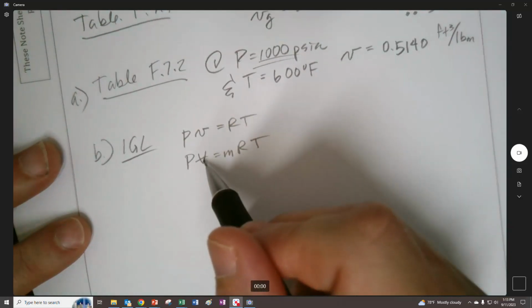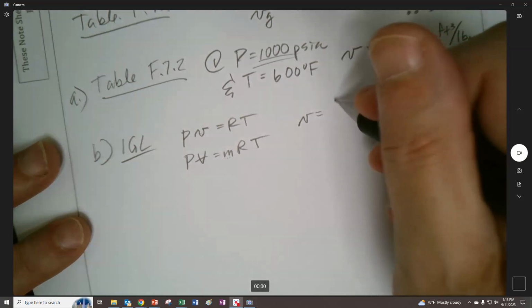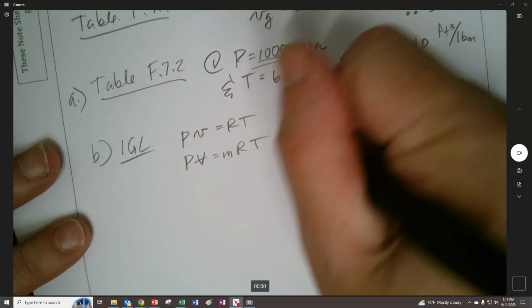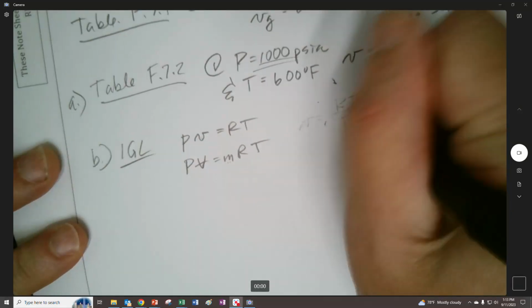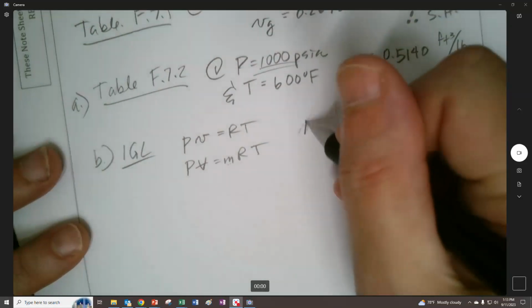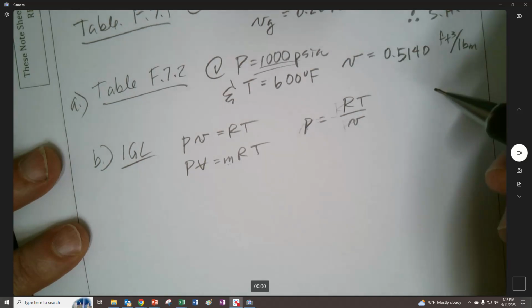We can just divide this volume by that mass to get the specific volume. So this is going to be RT over P. Oh, my bad. We're going to go P is equal to RT over V.